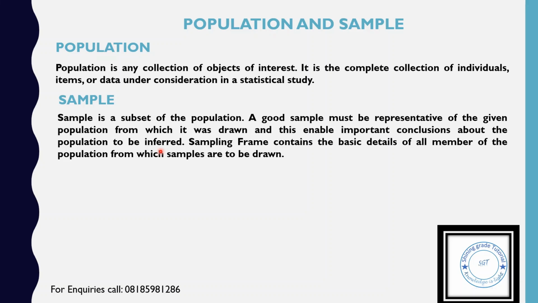Now that we're talking about the sample, we need to talk about the aspect of the sample frame. Sample frame is an important aspect that needs to be talked about. The sample frame contains the basic details of all members of the population.